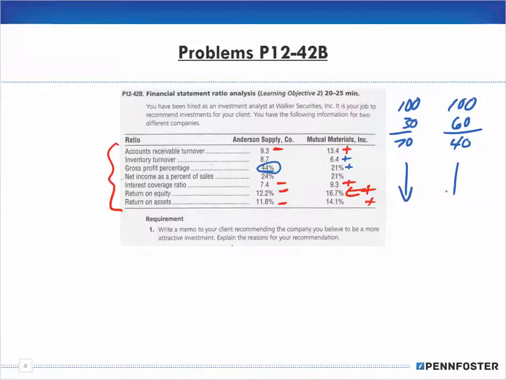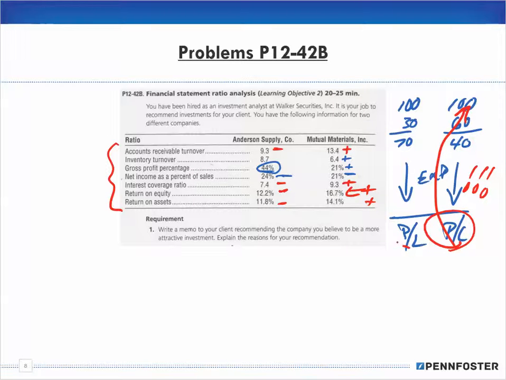So now we're looking at what it's doing with its expenses in order to get its profit or loss. How is it managing the company in that respect? Its net income as a percentage of sales is almost identical. So what this means is that Mutual Materials is actually controlling their expenses much better than Anderson Supply, because their net income as a percentage of sales is almost identical.